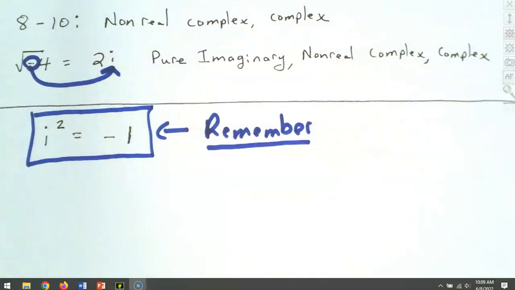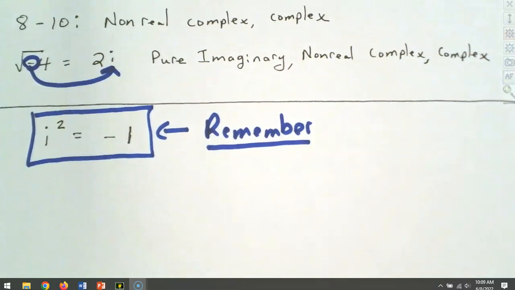So when we go to multiply square roots together, we always break them up first, as far as we can go. And then anytime we have an i squared, we're going to replace that with a negative 1. And we'll just do a couple of these, just so we can do the important part, which is the standard form.